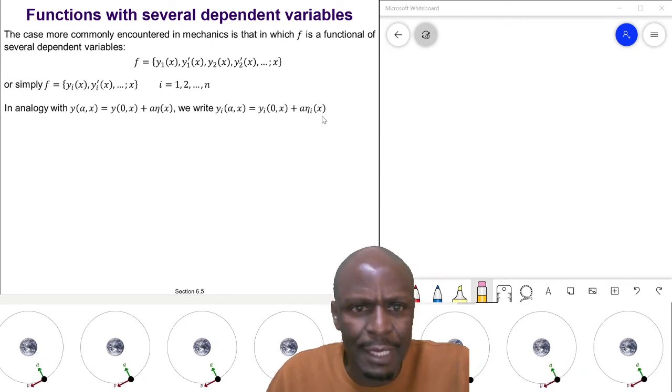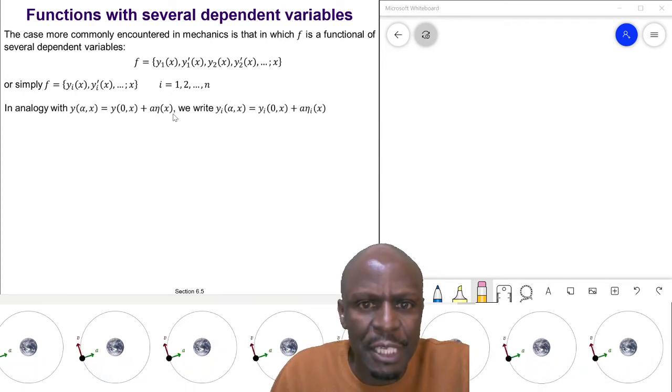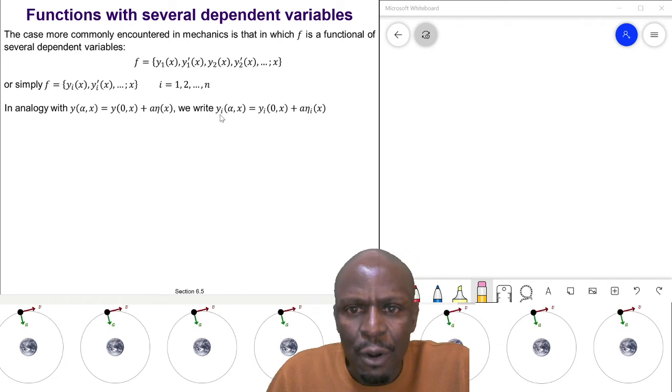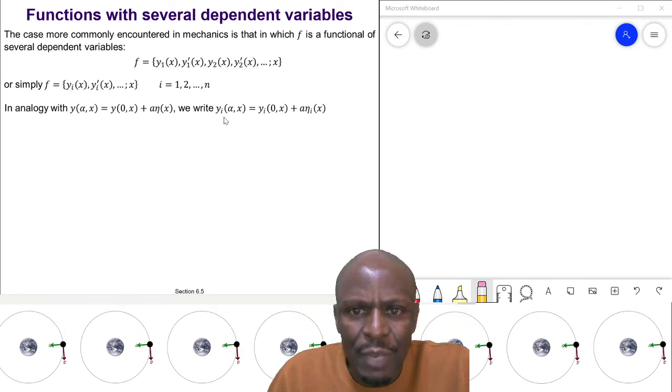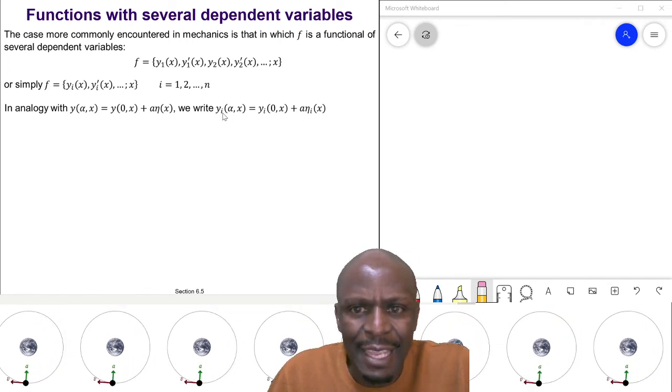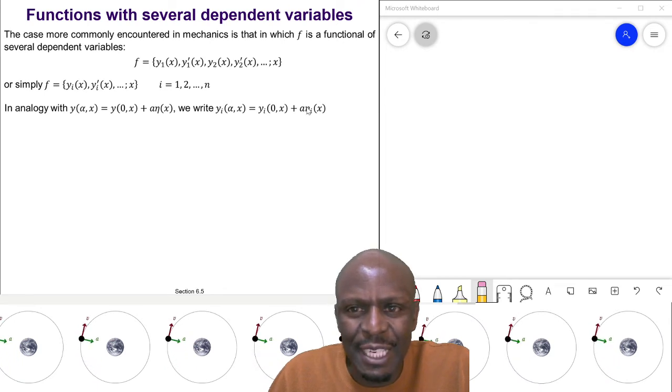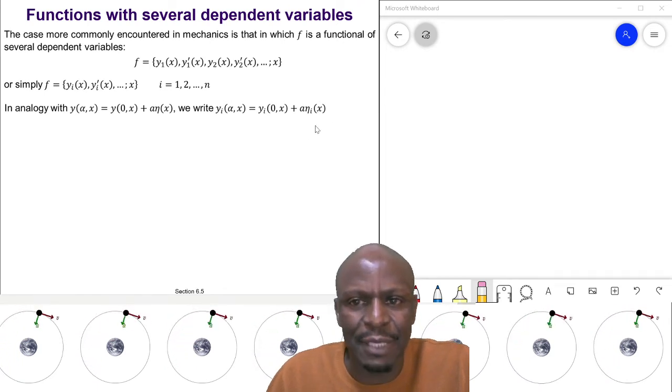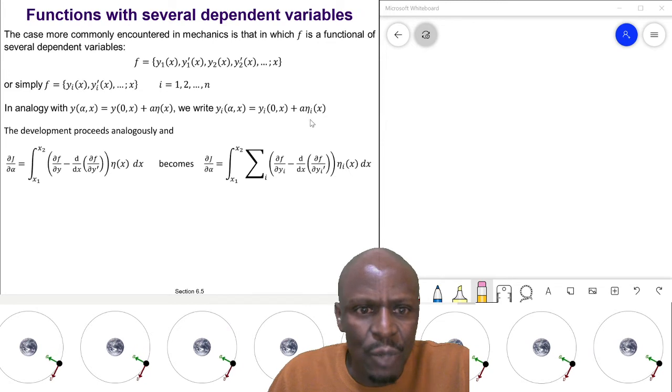If we apply the same thing, the variation equation in that case will become this. Now, we are just going to have y i and then the variation of the i terms.